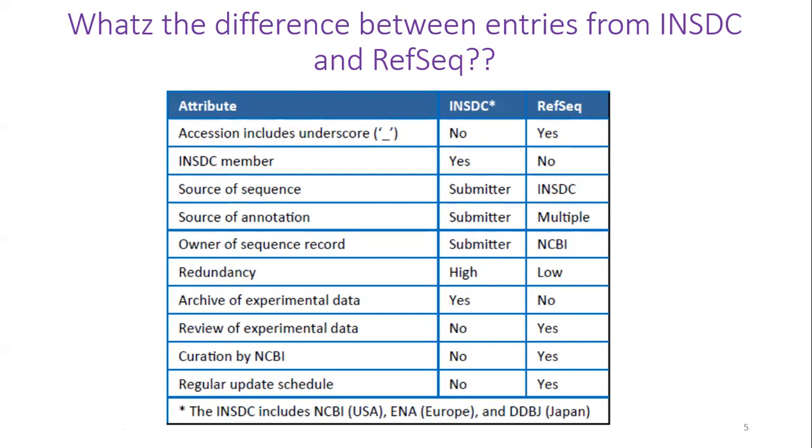The data present in the reference sequence database is inferred from multiple sources, while the annotations associated with any sequence in an INSDC entry are the ones provided by the submitter. Now, the owner of the sequence record in the case of an INSDC entry is the submitter, while the owner of the record in the reference sequence database is NCBI.